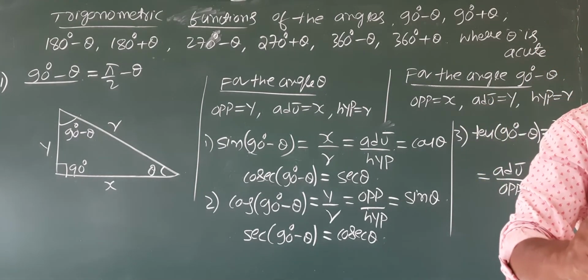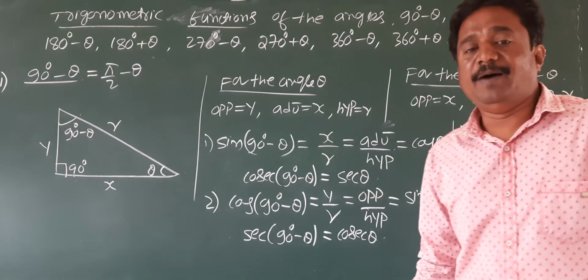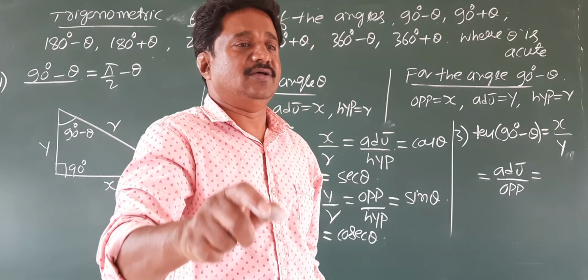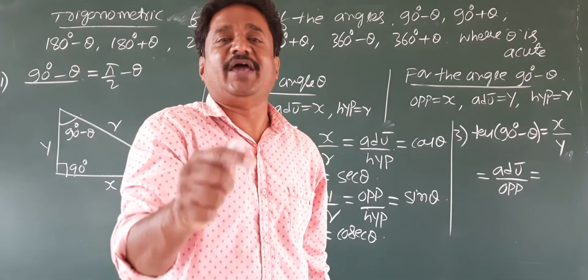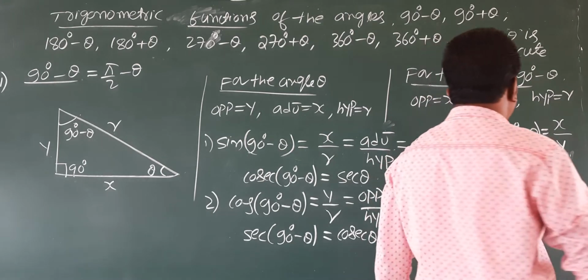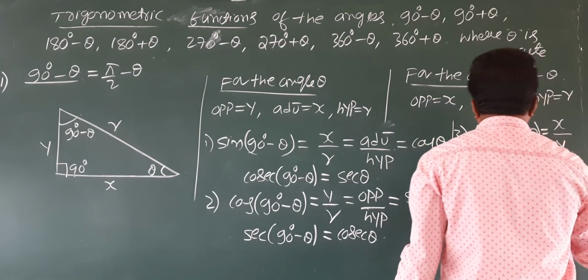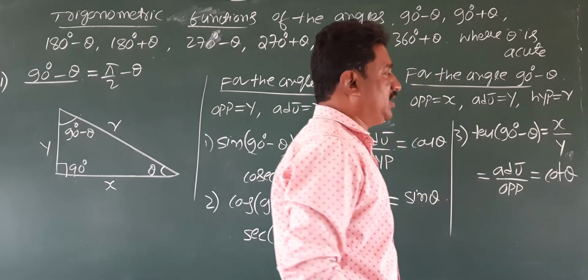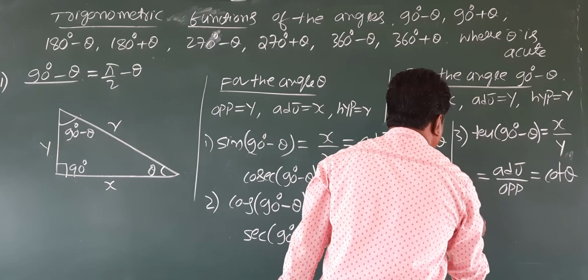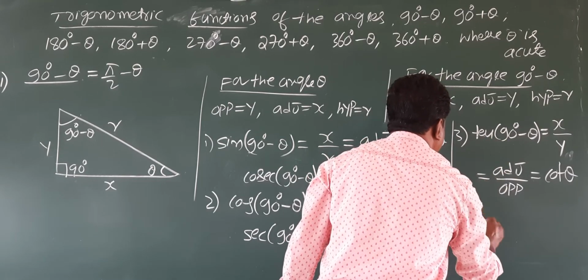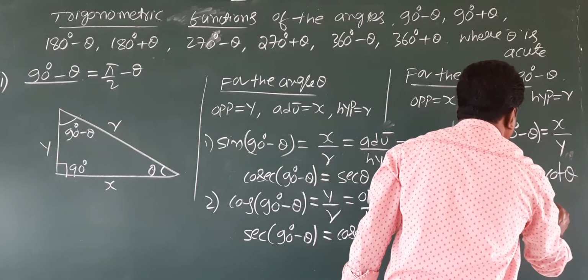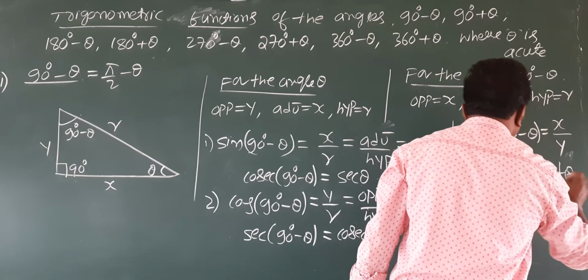Opposite by adjacent is tan, so adjacent by opposite is cot. So tan 90 minus theta is cot theta. Reciprocal in both sides: reciprocal of tan is cot, so cot 90 minus theta, reciprocal of cot is tan theta.